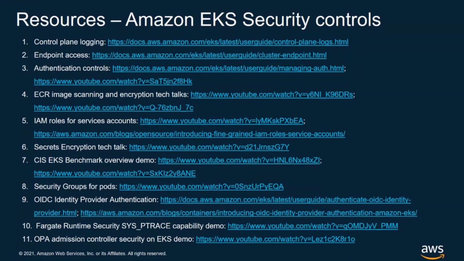For control plane logging, we have the official docs to help you enable them. With endpoint access, again, we have guidance around restricting endpoint access to private endpoints if you require to do so. For authentication controls, we have guidance around that as well.